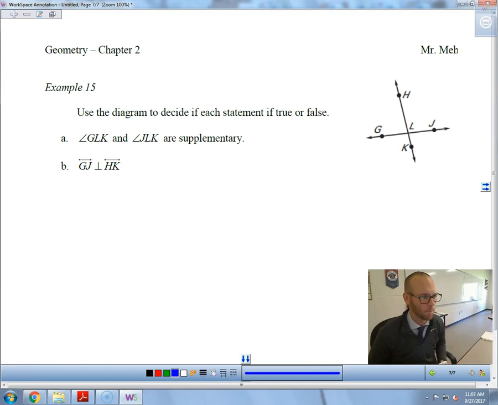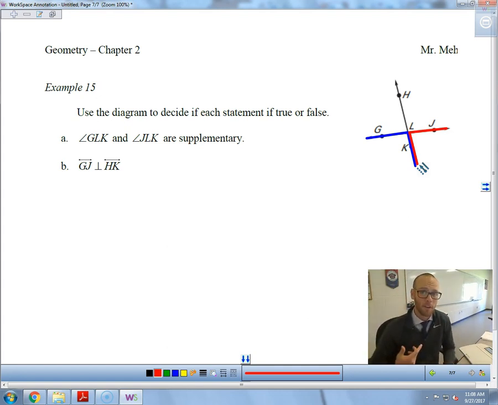All right, last one. Use the diagram to decide if each statement is true or false. Angle GLK and angle JLK are supplementary. What does the word supplementary mean? Go back, look at our definition from chapter 1.